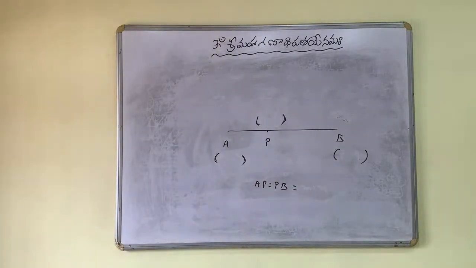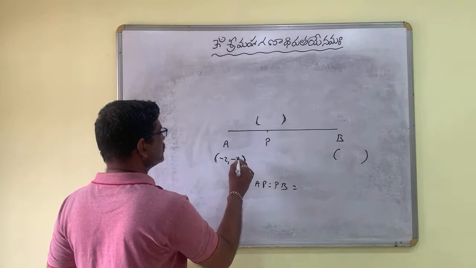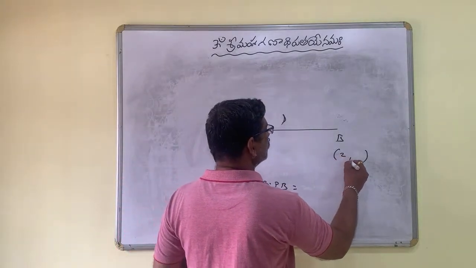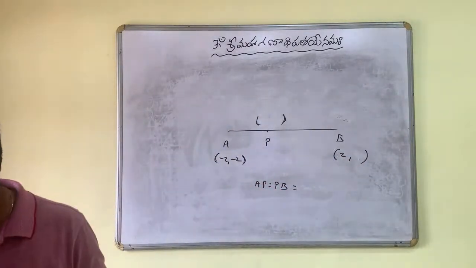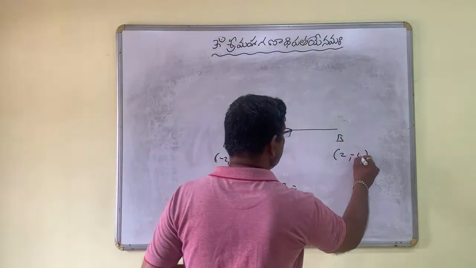We'll go ahead with the next model. A is (-2, -2), B is (2, -4).